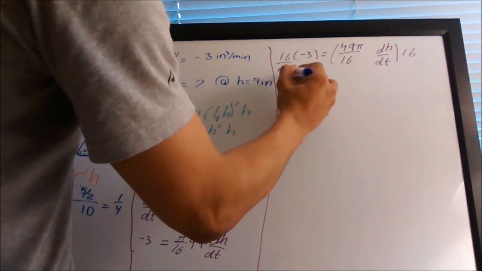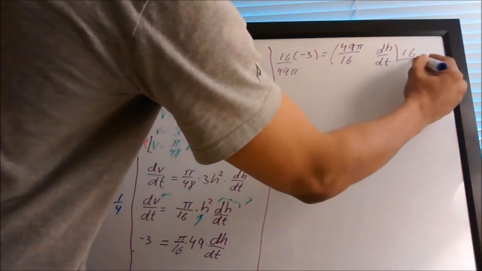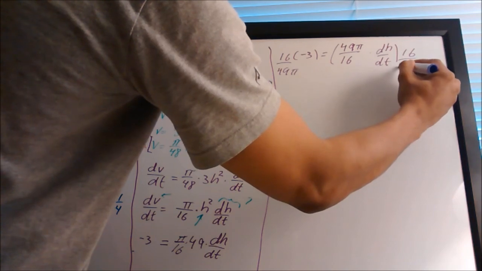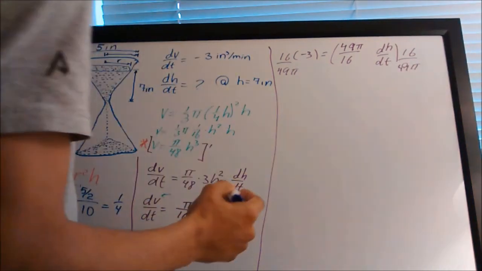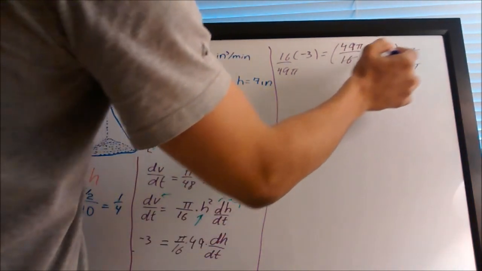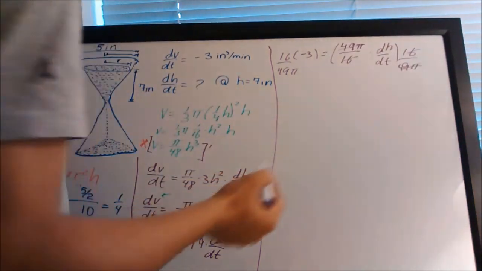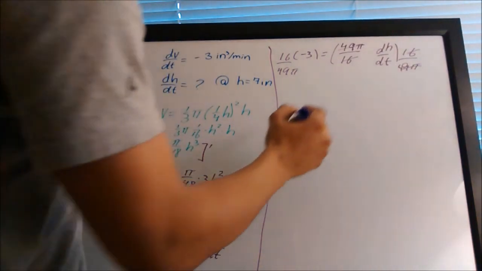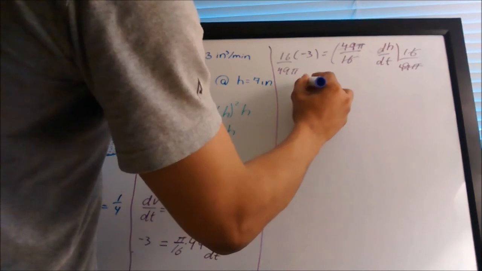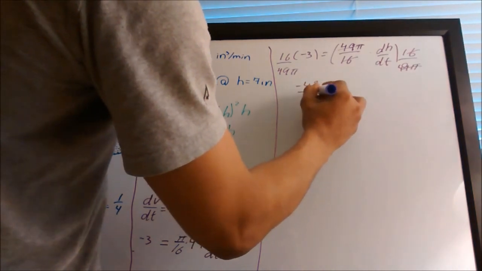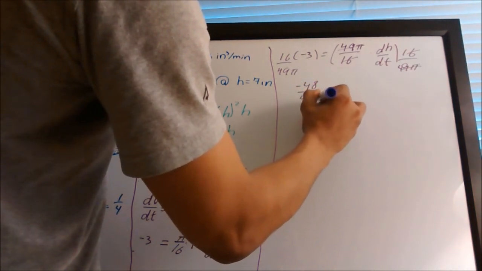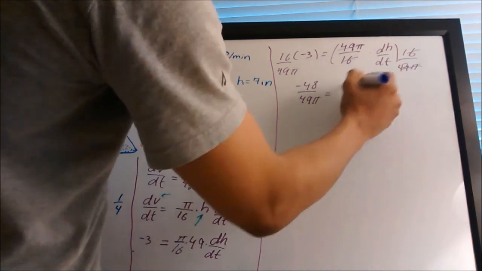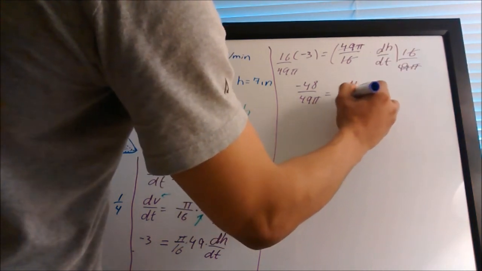Now, 16 and 16 cancel, 49 pi and 49 pi cancel. And this would be -48 over 49 pi equals dH over dt.